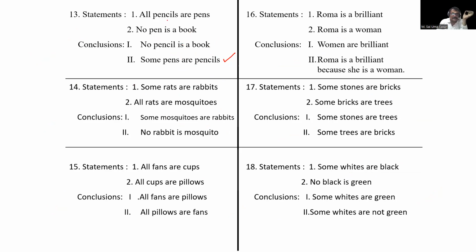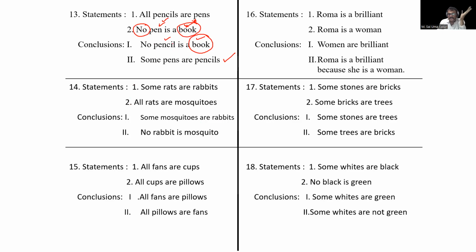What is the middle term? Pens. Is it distributed? Yes. Next, if any one of the statements is negative, the conclusion must be negative. Here, no pencil is a book. Now, book is distributed in the conclusion and in the statement as well.